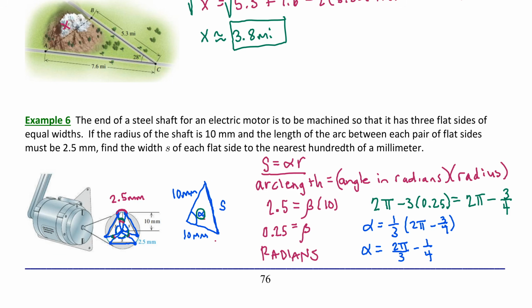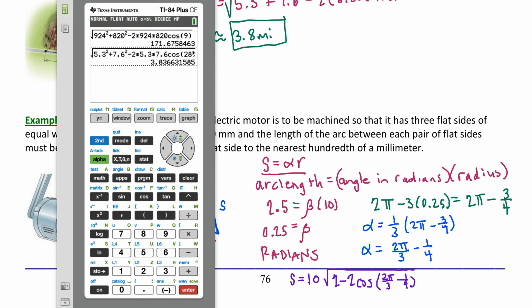Recall that the length of the chord of the circle, which in this problem is labeled as S, is equal to the radius, 10 millimeters, times the square root of 2 minus 2 cosine of the central angle, which we've calculated as 2 pi over 3 minus 1/4. You could also simply solve that using the law of cosines, and you'd arrive at the exact same calculation.